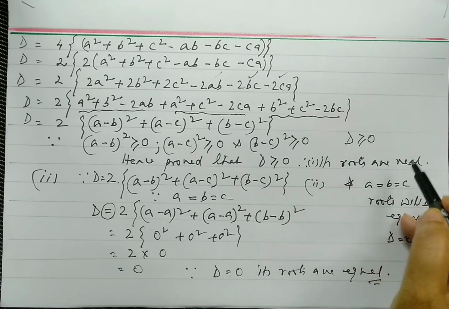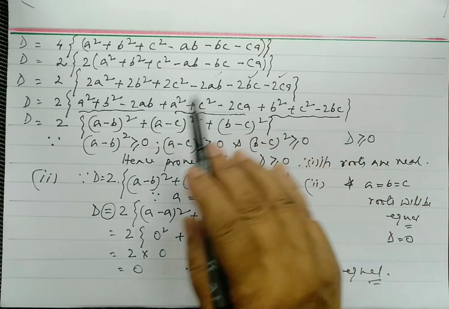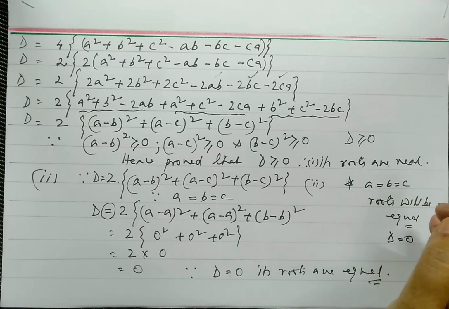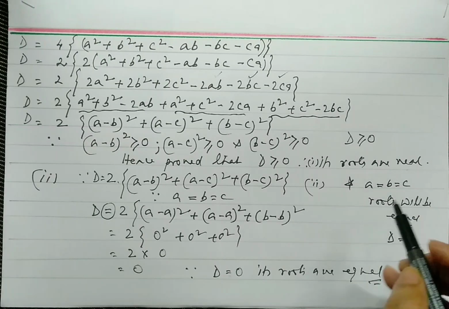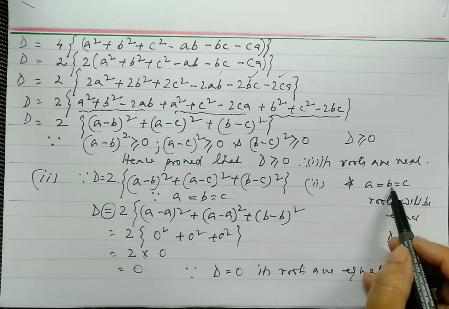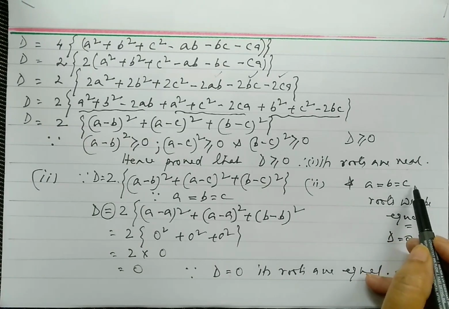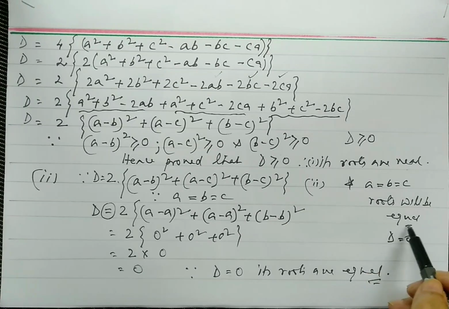So the first contention was that the roots of the given quadratic equation are real. We have proved that just now. The second was to prove that when A was equal to B and B was equal to C, then the roots will be equal. How do we prove equal?